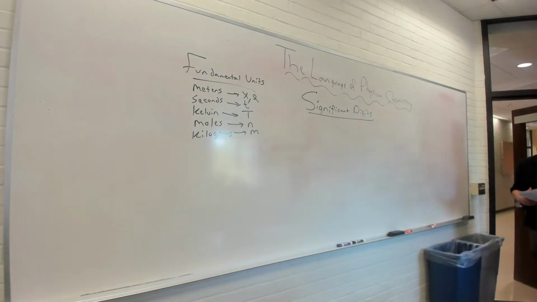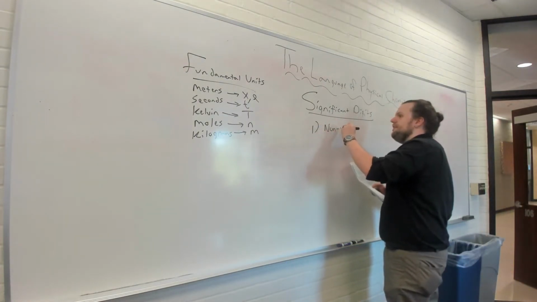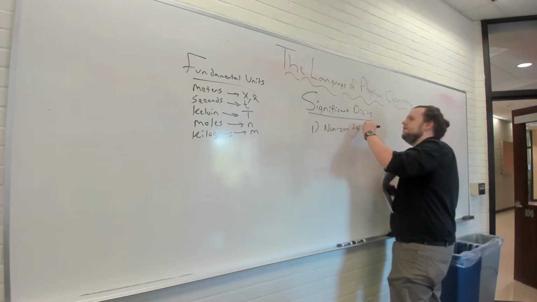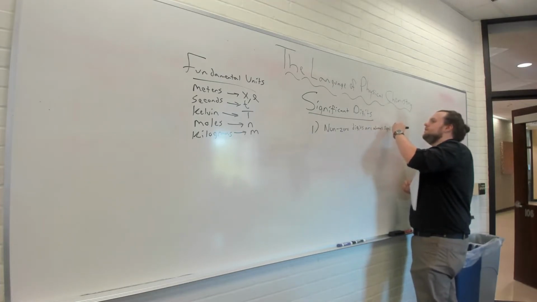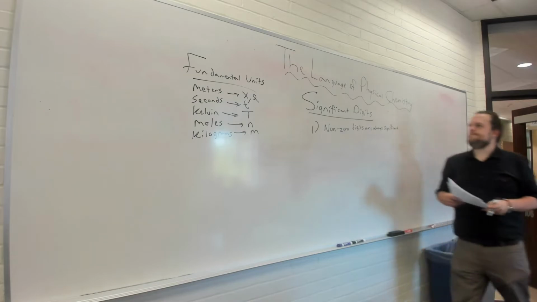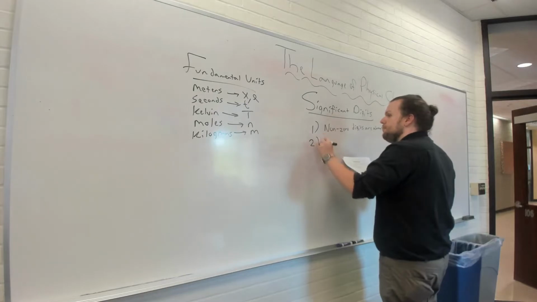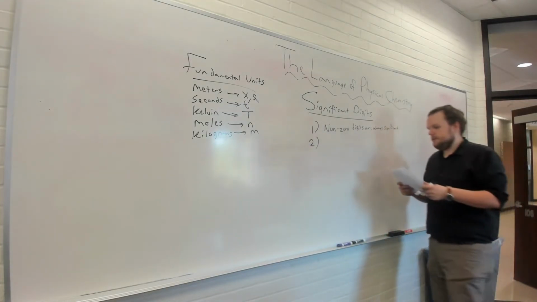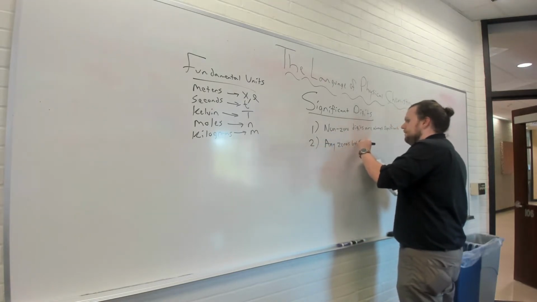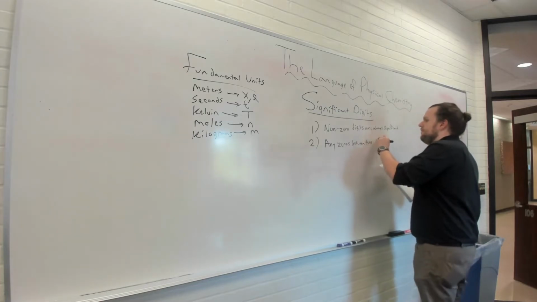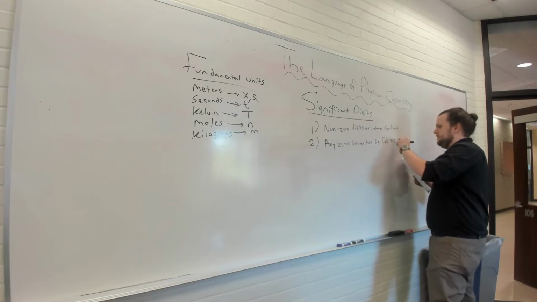Significant digits only have 3 rules. One is that non-zero digits are always significant. The second rule is that any zeros between significant digits are significant. So any zeros between 2 sig figs are significant.